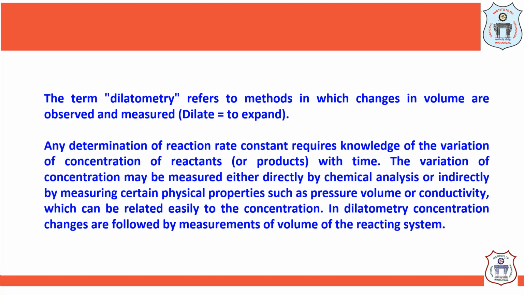The variation of the concentration may be measured either directly by chemical analysis or indirectly by measuring certain physical properties, such as pressure, volume or conductivity, which can be related easily to the concentration. In dilatometry, concentration changes are followed by measurement of the volume of the reacting system.